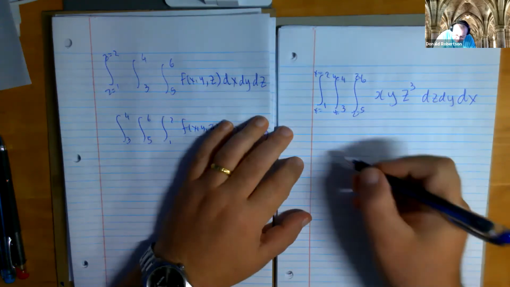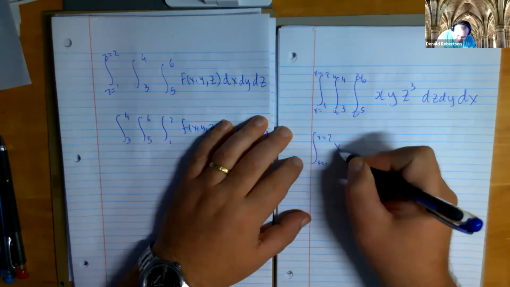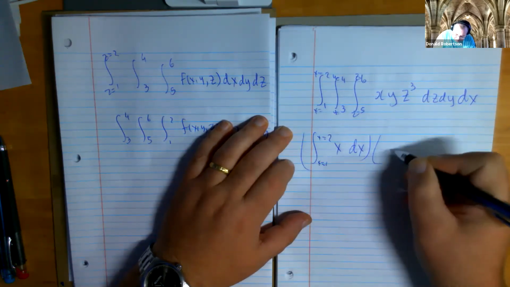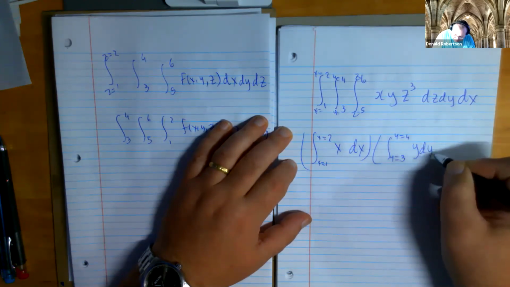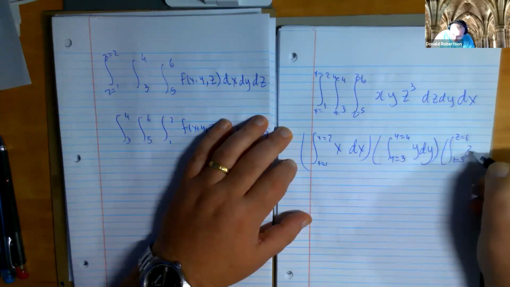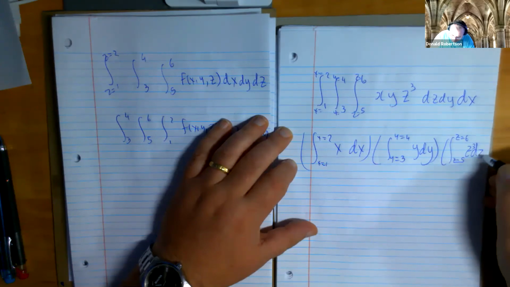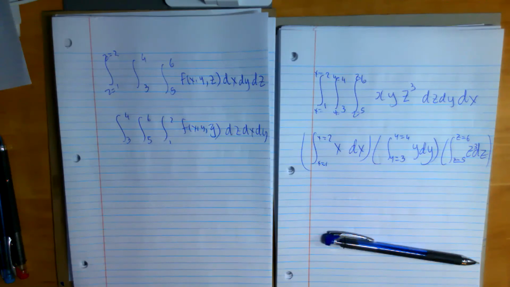In that case, wouldn't it be a good idea to do maybe the x's? And the y's, and finally, the z's. Could you imagine a situation where that might be less work? 100%.